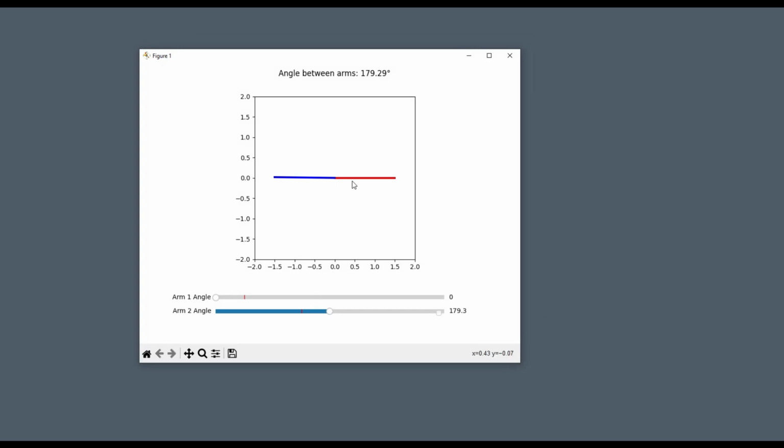So this is completely 180 degrees. It's almost a straight angle. Now 90 degrees has to do with this. Somewhere over here, that's 90 degrees. Then this is also perpendicular. There are two possibilities, right?